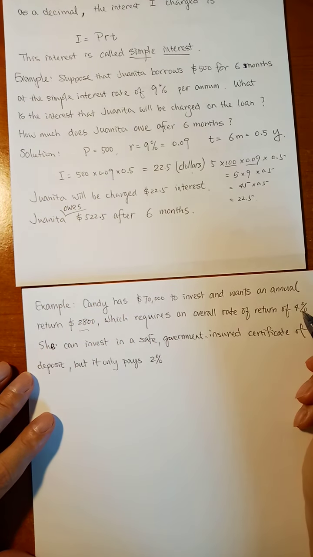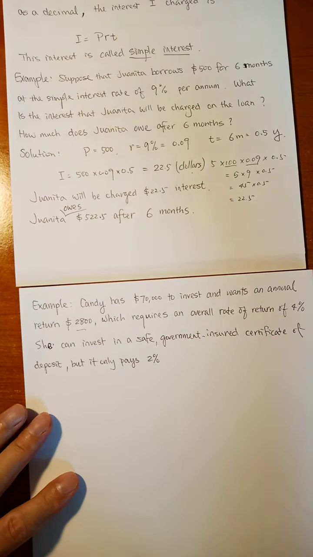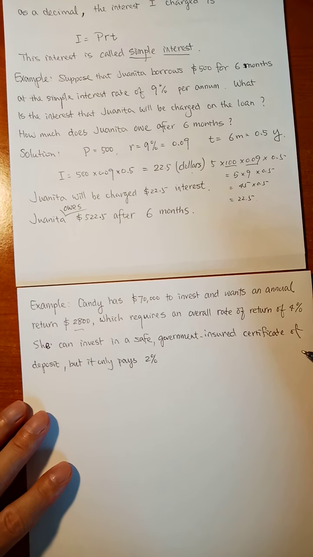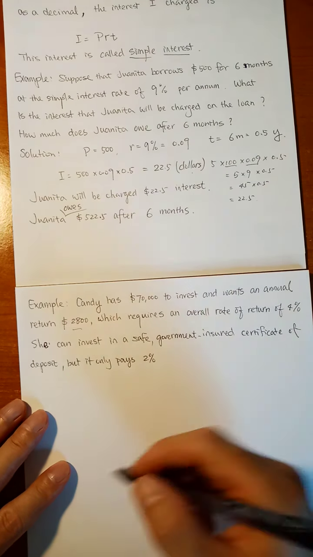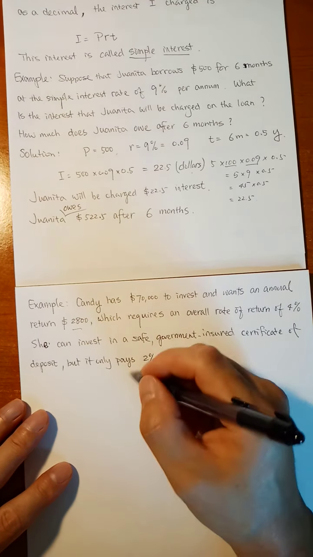So she wants 4%, but now it's just 2%, so it pays less. The government insured certificate of deposit does not give her enough return, right?